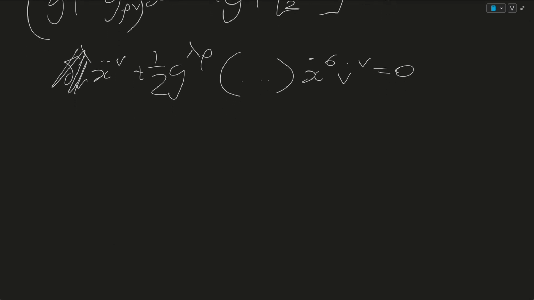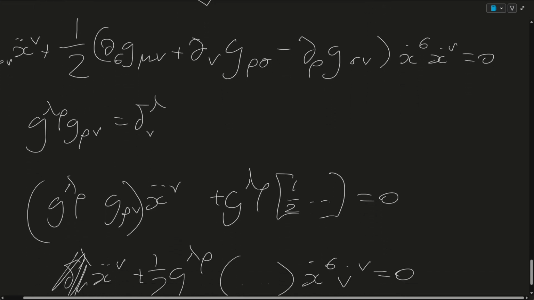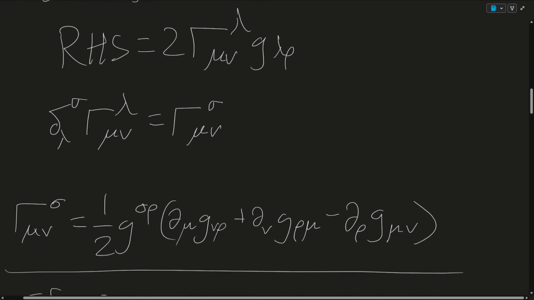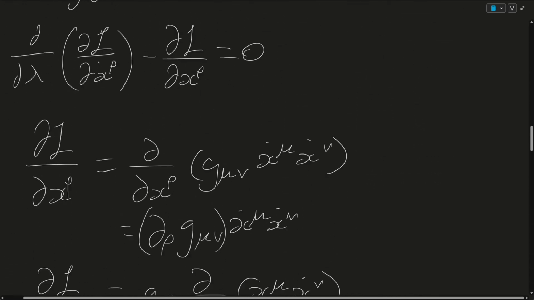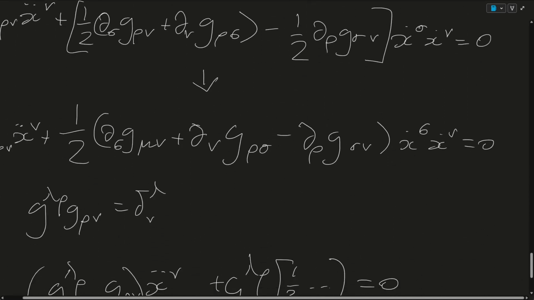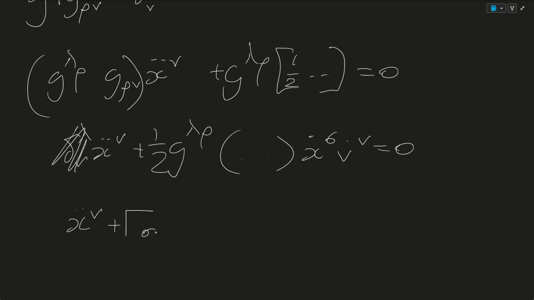Anyway, that pretty much brings us to the end, because we know that middle term is precisely our definition of the Christoffel symbol from above. So the desired shorthand notation for the geodesic equation is x double dot nu plus the Christoffel symbol sigma nu to the power of lambda, x dot sigma x dot mu equals 0.